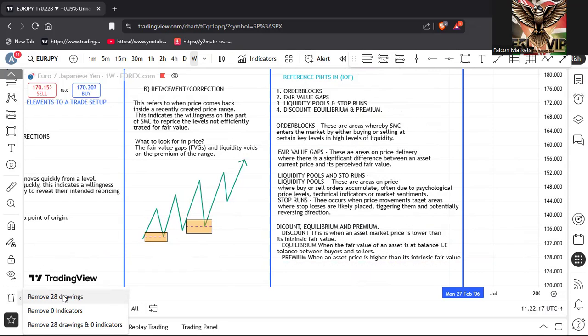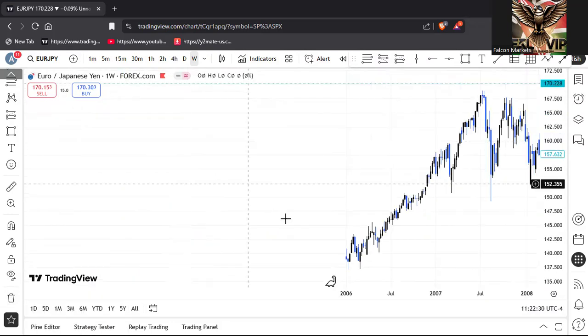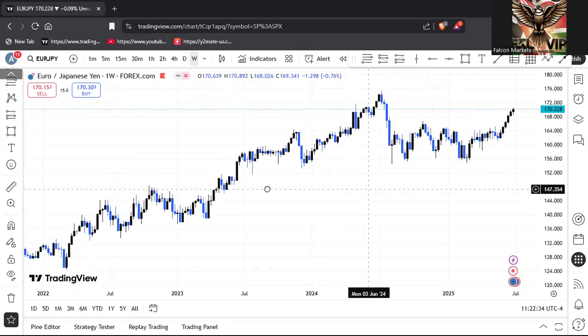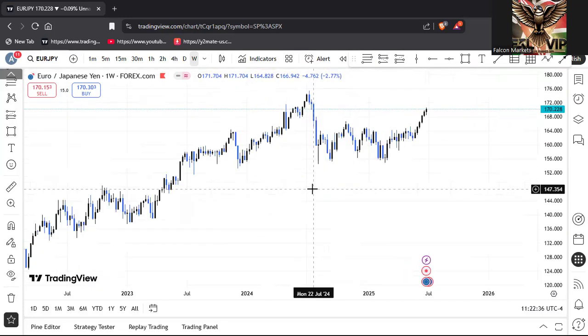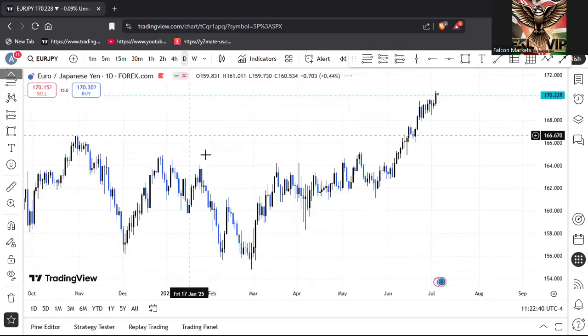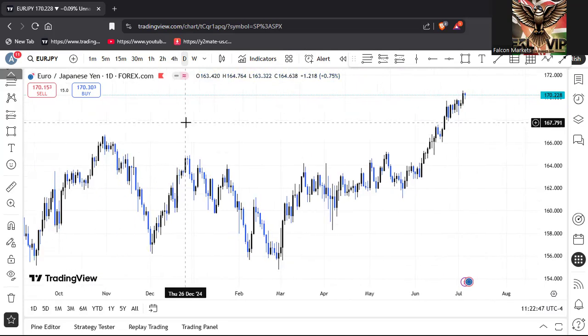So let's map on the charts and see how that looks. With us here is the EURJPY weekly time frame. Let's map out some of the things that we have discussed.